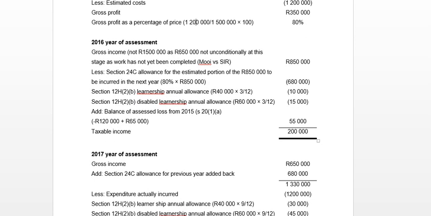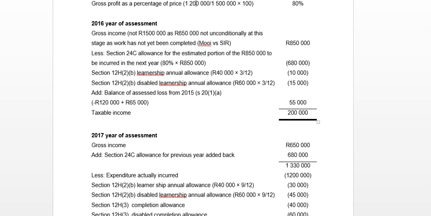So now during the 2016 year of assessment, our gross income is not the 1.5 million, because we only received 850,000 Rand. The remainder, the 650,000 Rand, we received on the 13th of December, but during the 2016 year of assessment, it was not unconditionally incurred to us.